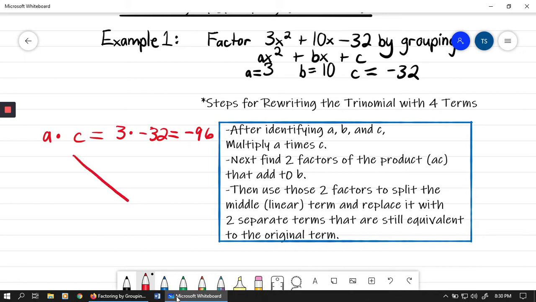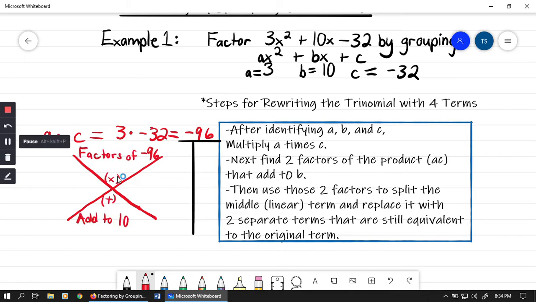And so I don't know if you want to do that little thing here, just as a little visual. Not that you have to do that in particular. And then some folks may actually want to list out certain factors of negative 96.